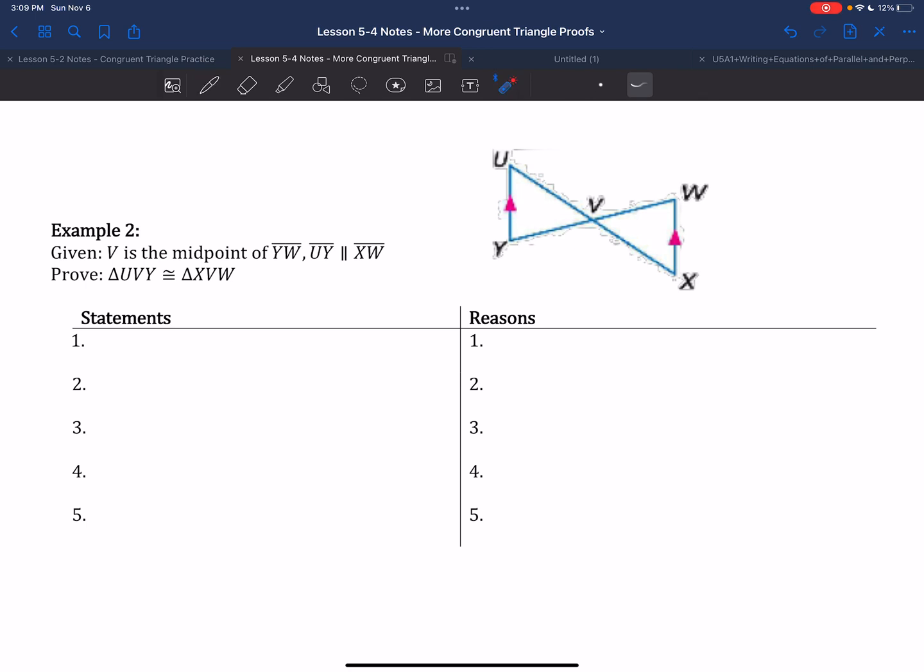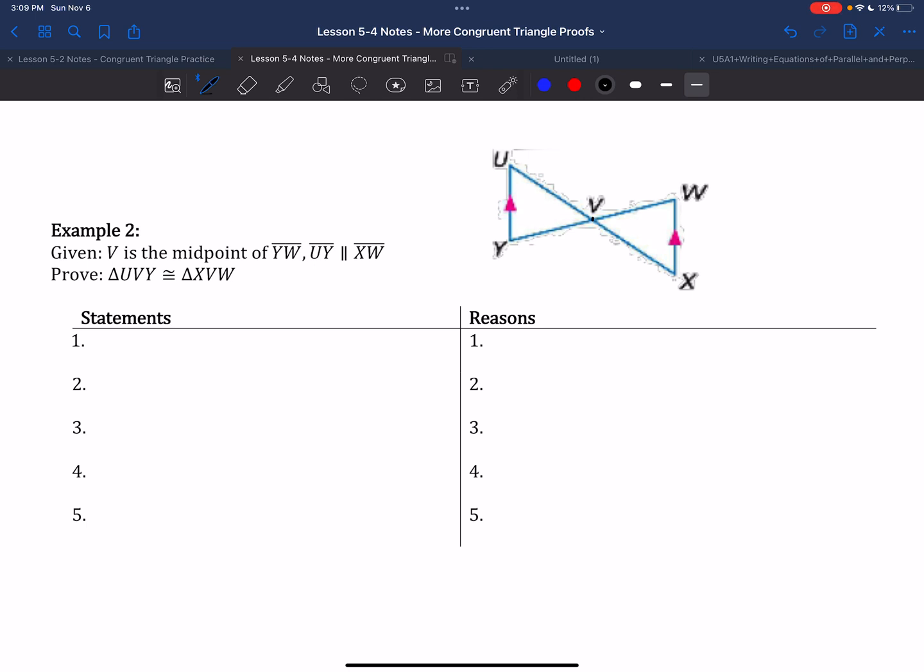So we have V is the midpoint of YW. So here's V, which is the middle point, and it is the middle point of segment YW. Okay? So that's going to be very, very helpful. So what does the midpoint do to the segment?